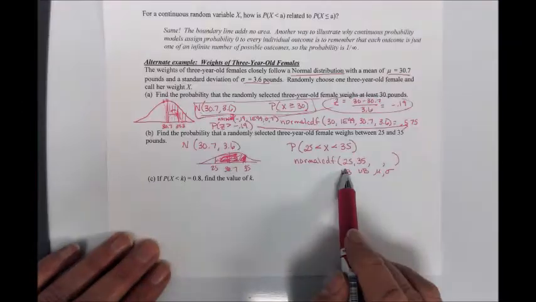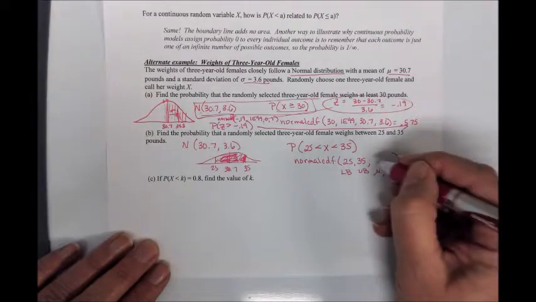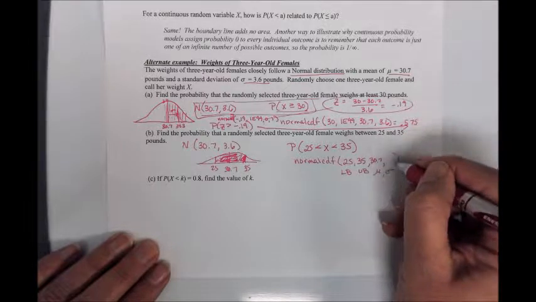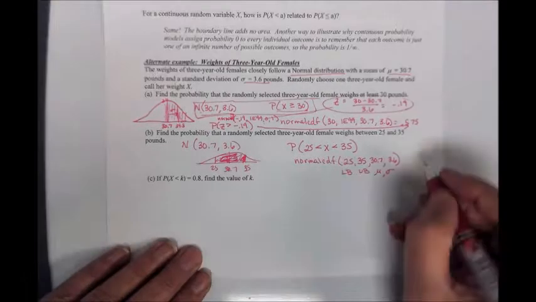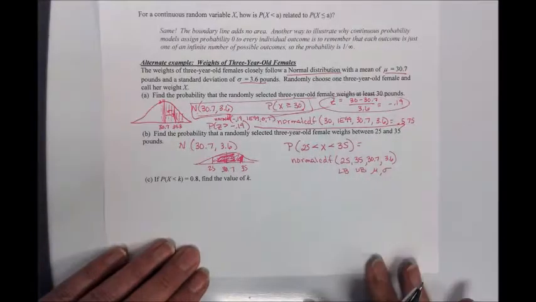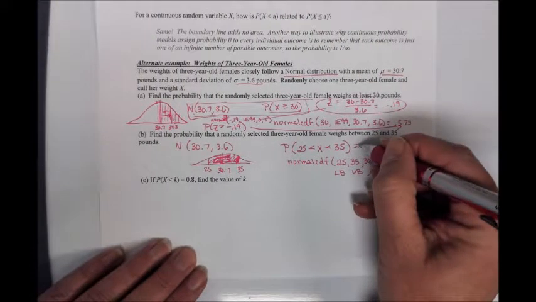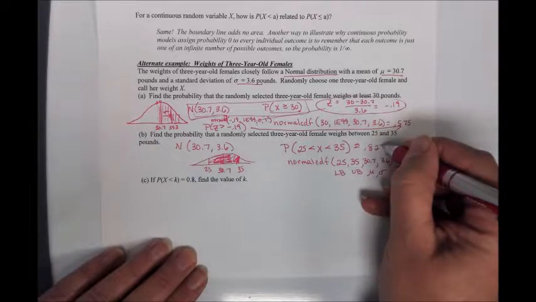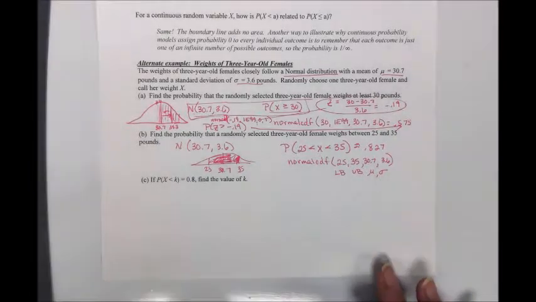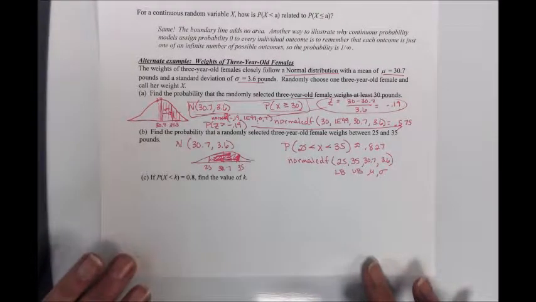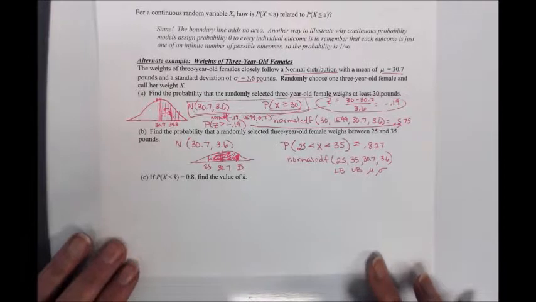Lower bound, upper bound, my mean is 30.7, and my standard deviation is 3.6, and that will give me an answer of about 0.827. So there's an 82.7% chance that I will get a 3-year-old that weighs in that range.